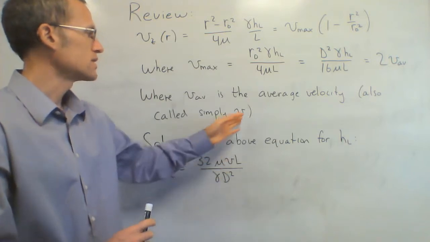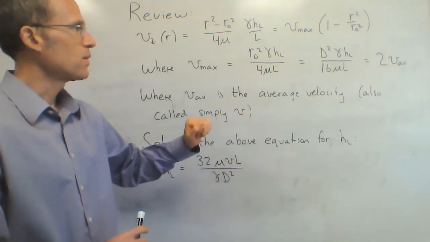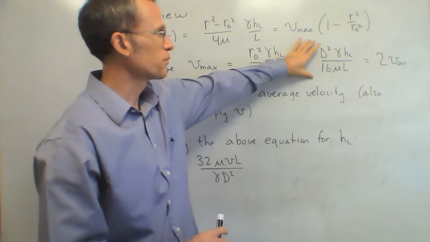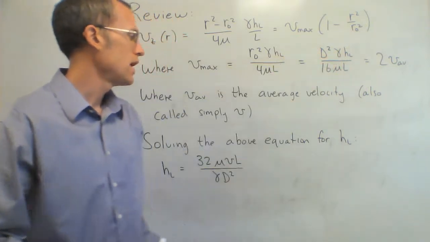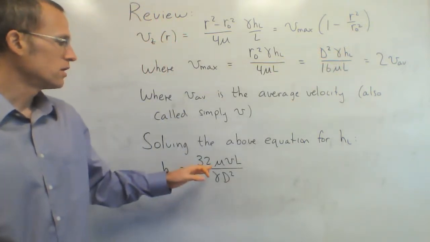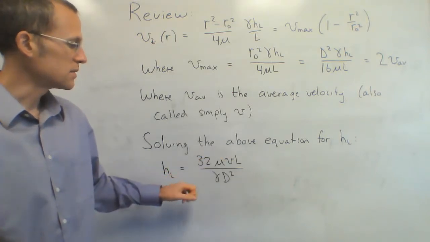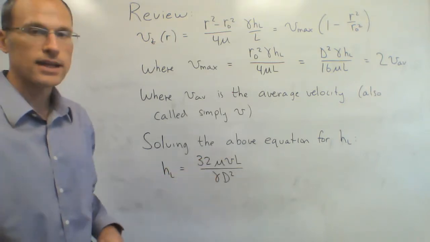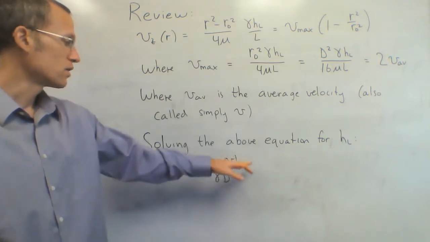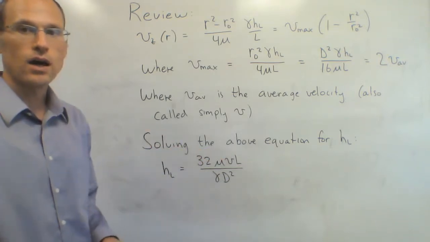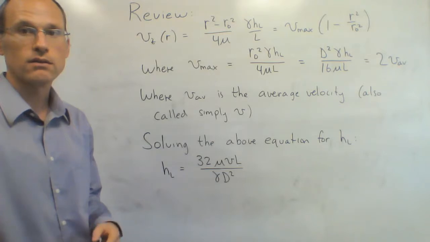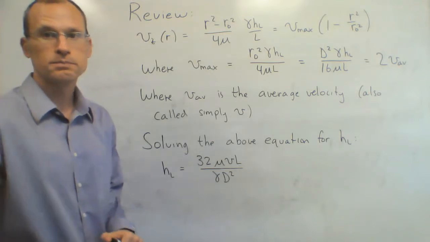So I can just write that simply as V. And then what I can do now is take my equation over here, solve this for HL, and get that HL is 32 viscosity mu, velocity V, length L, divided by specific weight gamma and diameter D squared. And that's an equation for head loss in the case of a laminar pipe.